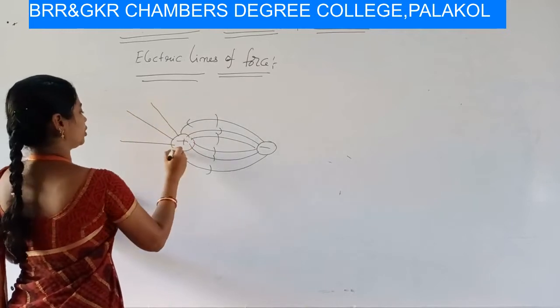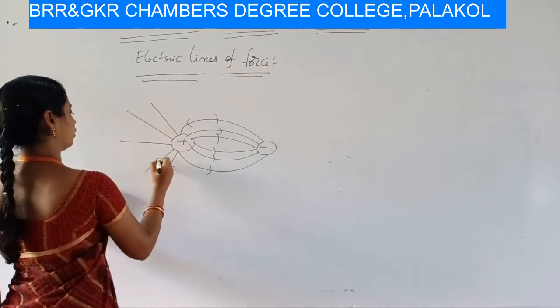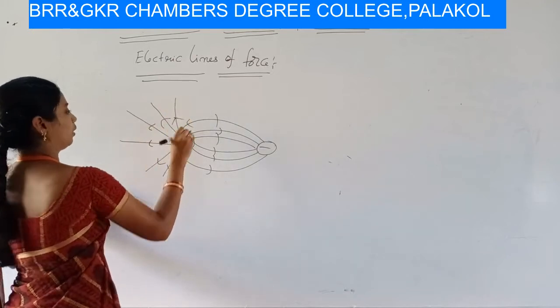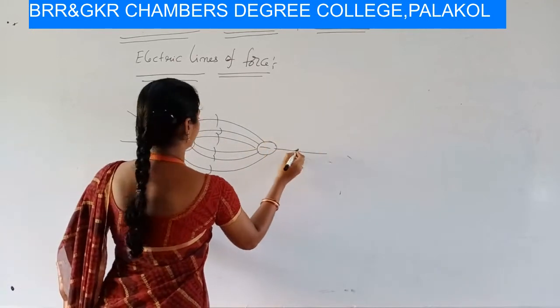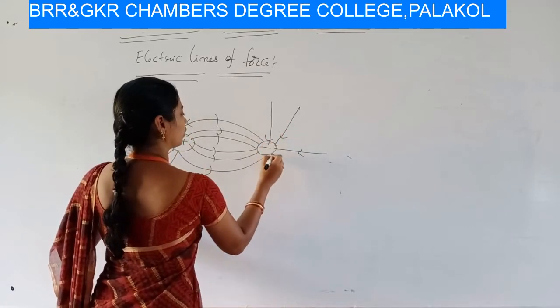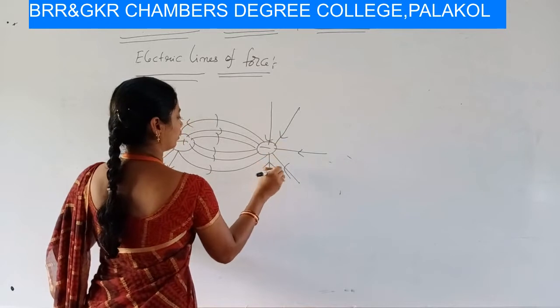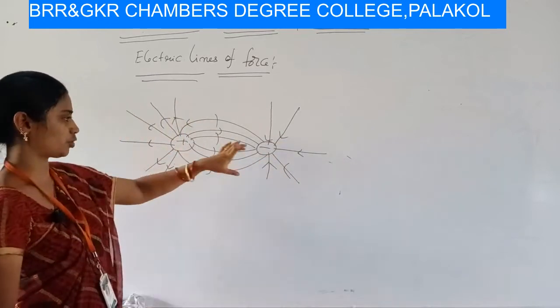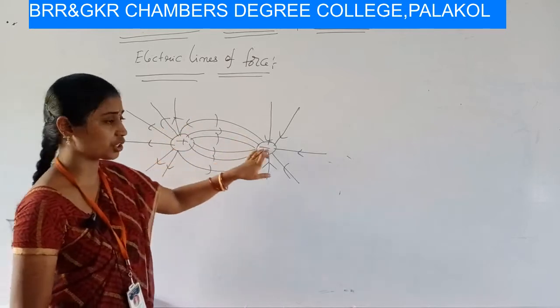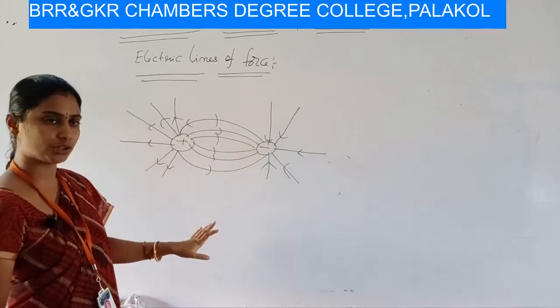From positive charge, the electric lines of force are moving away, and at the negative charge, they are moving towards it.